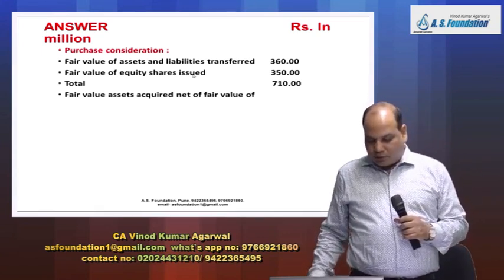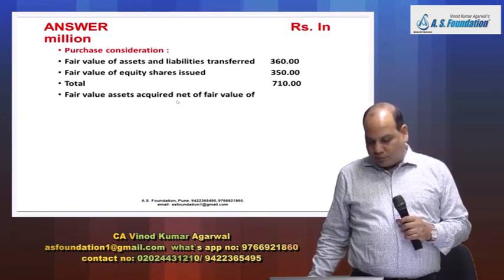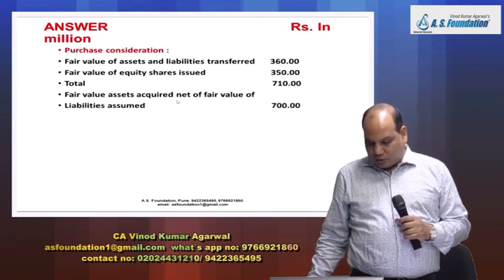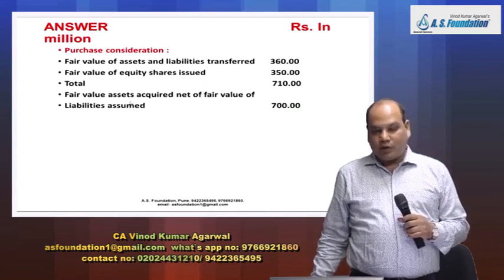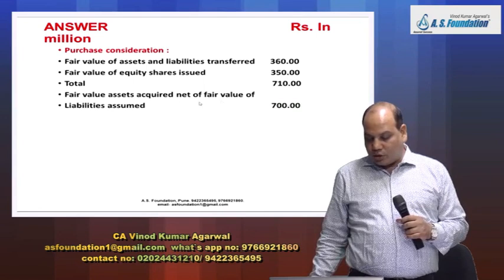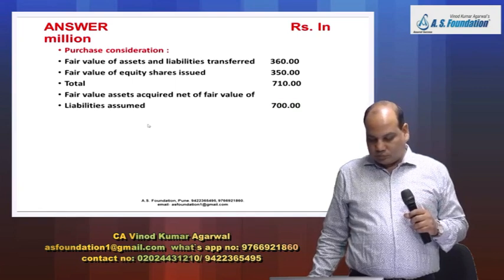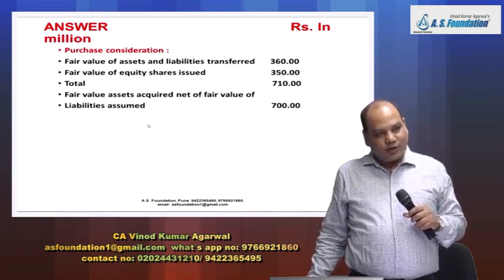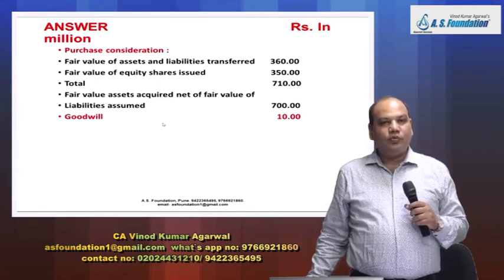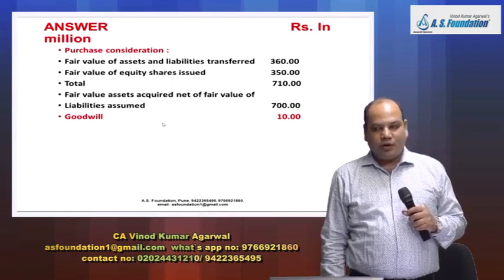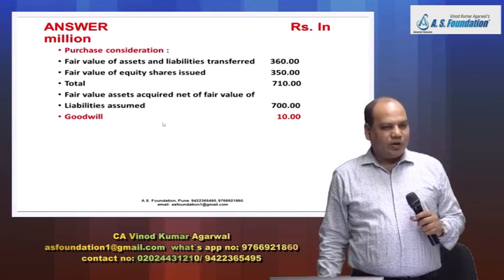Then write fair value of assets acquired, net of fair value of liabilities assumed, 700. Okay. So therefore goodwill. How much? Is it 10? Goodwill 10. Now you have to pass journal entries.